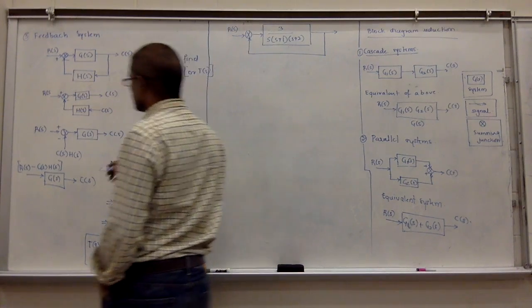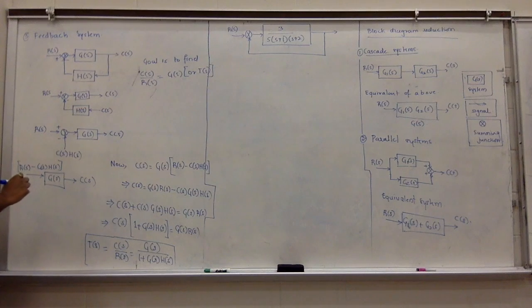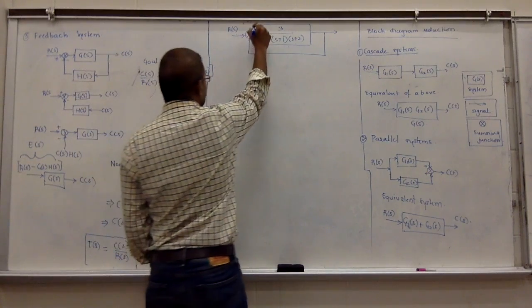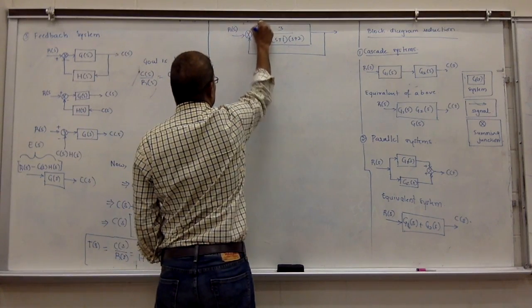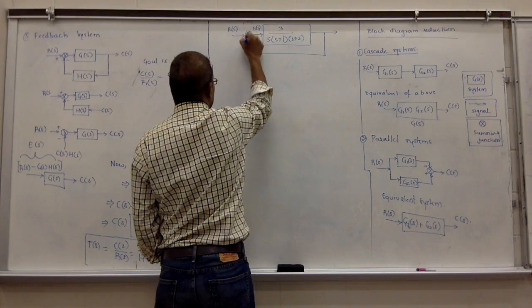This signal is generally referred to as E of S, or error signal. It makes sense. It is the difference between input and output. Whatever is coming out here is the error. You have minus and plus.